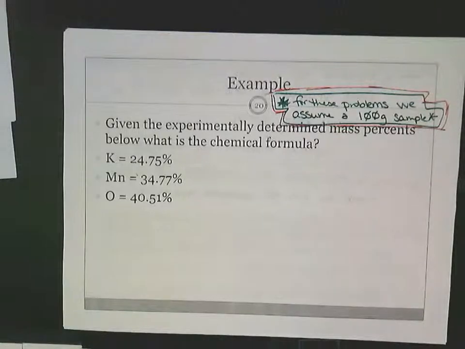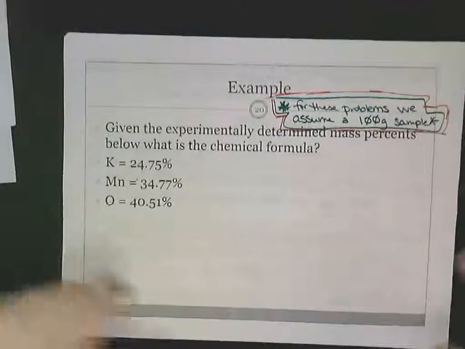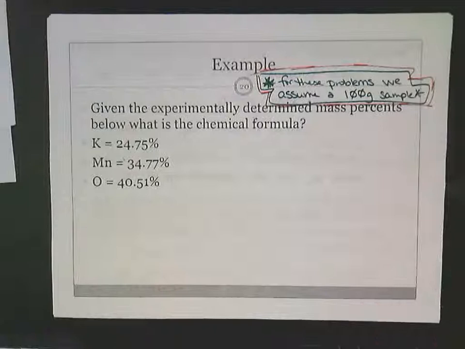All right, so if I assume I have 100 grams of sample, and I know that 24.75% of it is potassium, how many grams of potassium do I know is in my sample? Exactly. So now I've turned these percentages into grams, which is super easy to work with.